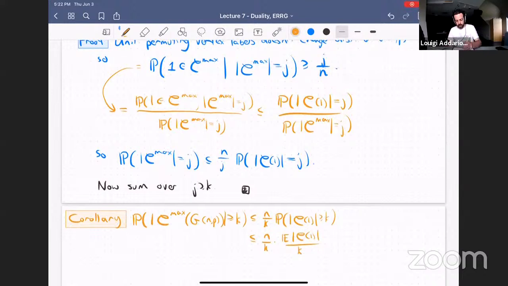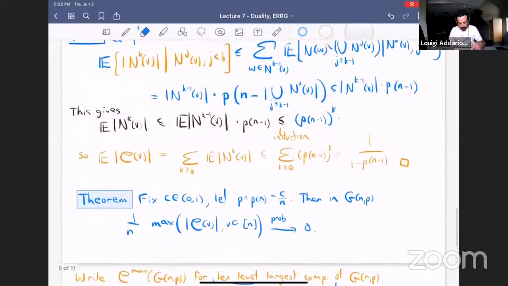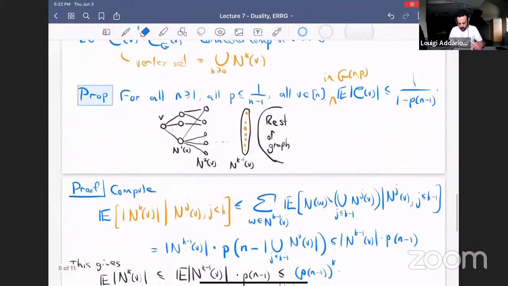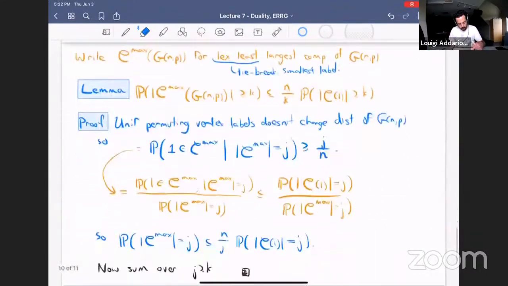Here I should insist that p is at most 1 over n minus 1. What did I need for that bound? p at most 1 over n minus 1, right?